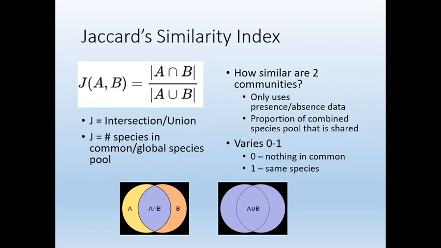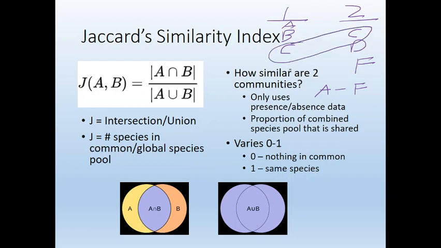Imagine community 1 has species A, B, and C, and community 2 has species C, D, and E. The combined species pool is A through E. What's shared is just the C. So it's the proportion of the combined species pool that is shared, and it varies from 0 to 1. If you have 0, you have nothing in common. If you have 1, you have all the same species.